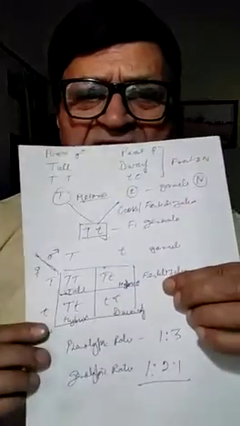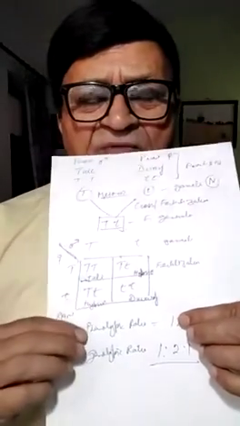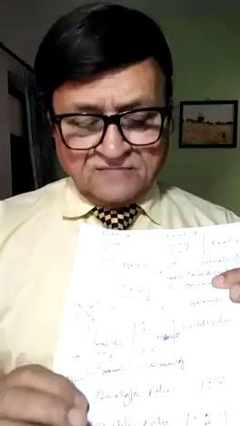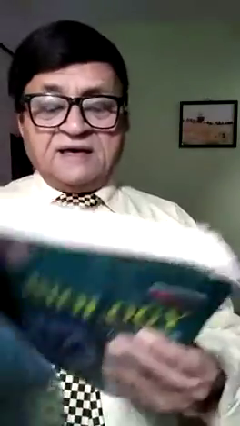In the future generation the phenotypic ratio is 3:1, and the genotypic ratio is 1:2:1. I am repeating the same as what I have told you just now. Mendel took the pea plant and made experiments with it. The first generation is called first filial generation, and the second generation is second filial generation.